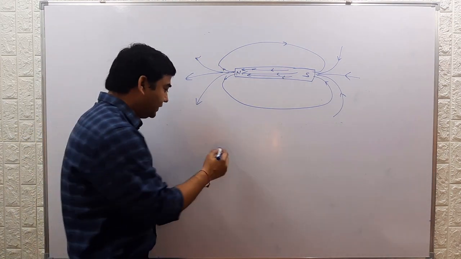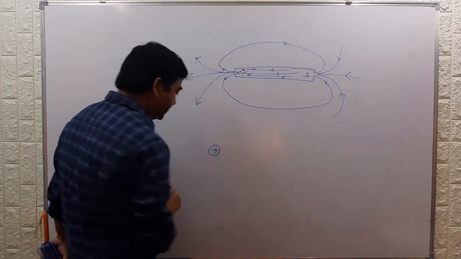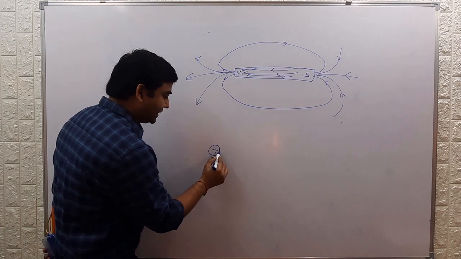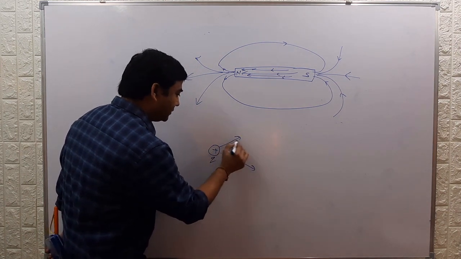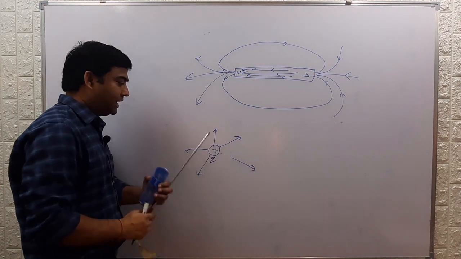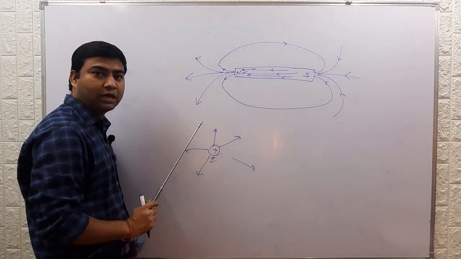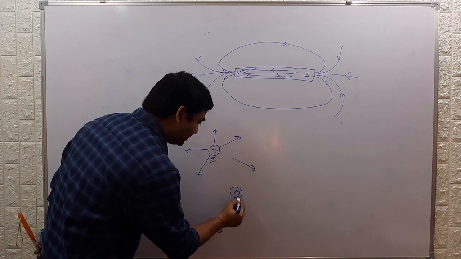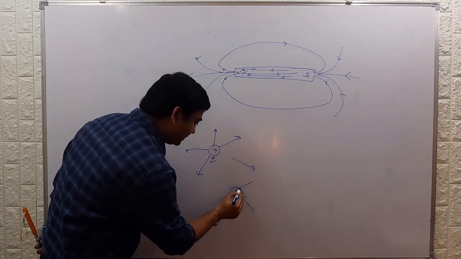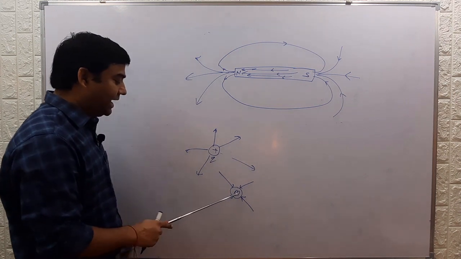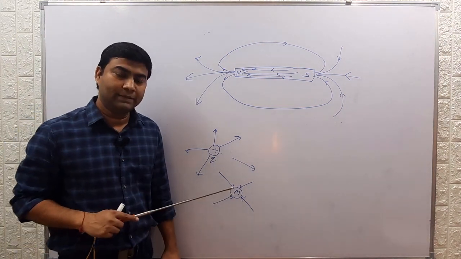We know in electric field, this is charge plus Q. All electric field lines will start from this point. They will have a starting point, that is plus Q charge. Similarly, in gravitational field, this is mass. So gravitational field lines will come from infinity and they will end at the center of this mass.